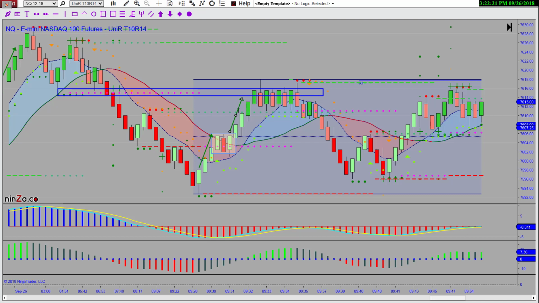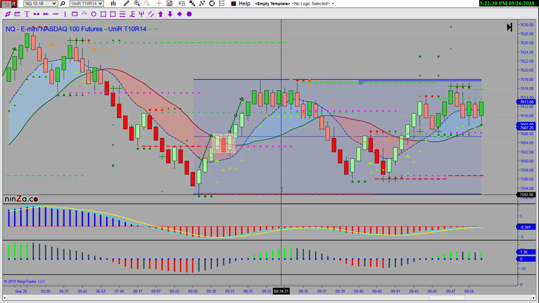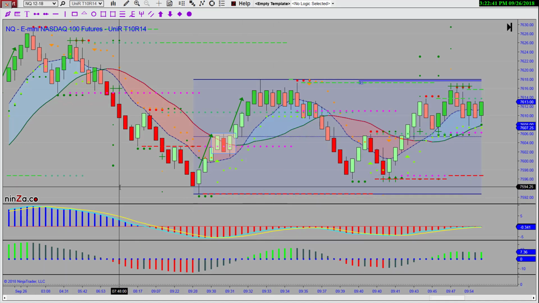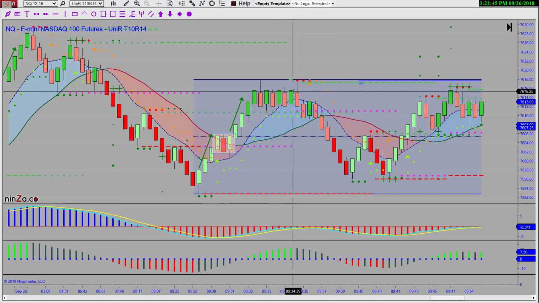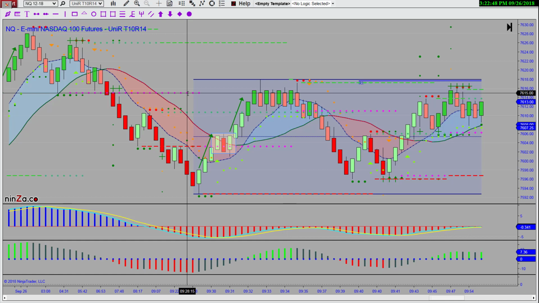That this is approximately 33% move if you go from here to there, and from there to the top right there. All right. And you notice that we actually could not get above that swing level. Try as we might.